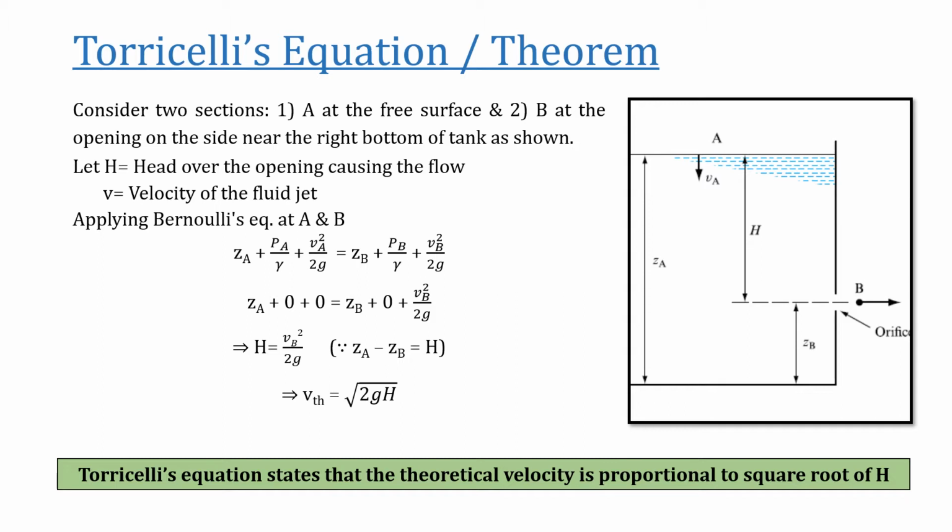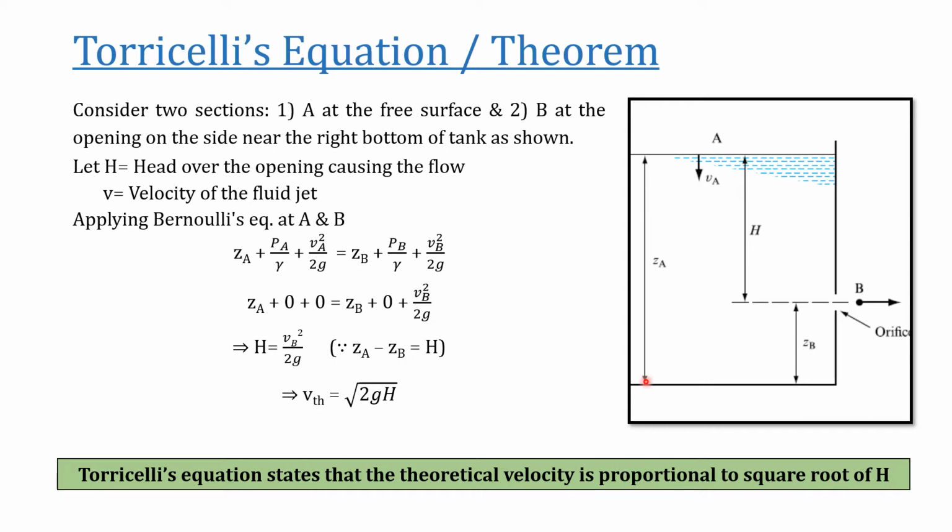Now apply Bernoulli's equation at points A and B. As we know, the sum of three energy heads is constant for both sections. So the sum of elevation head, pressure head and kinetic head is constant at sections A and B, where ZA is the elevation of point A from any datum. Let's say the datum is the bottom of the container.